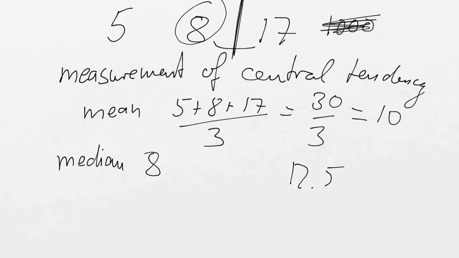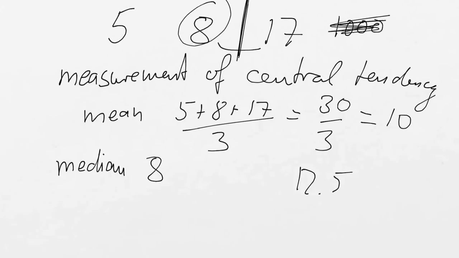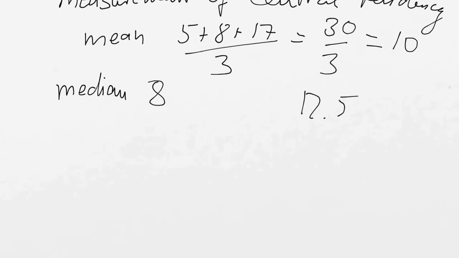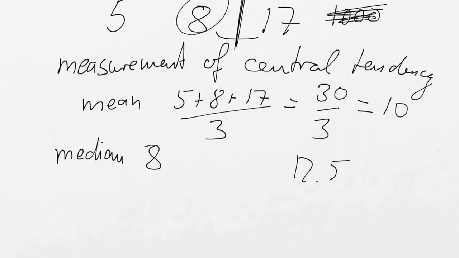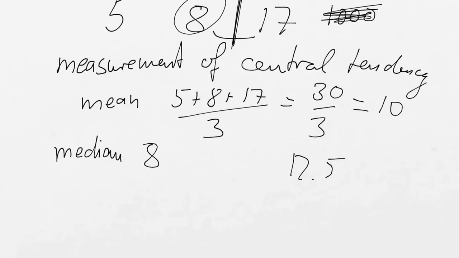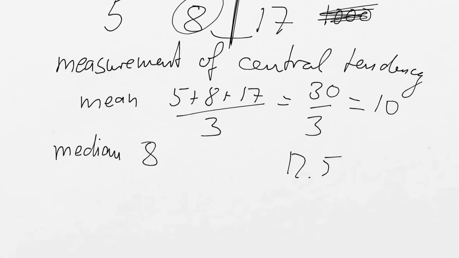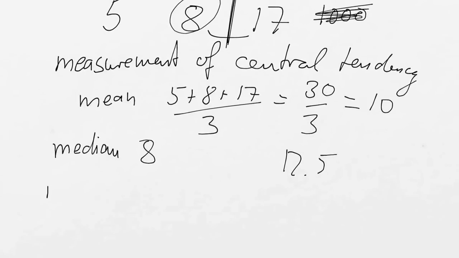what we can do is measure how far each data point is away from the mean. Yeah? And this is called a measurement of dispersion.